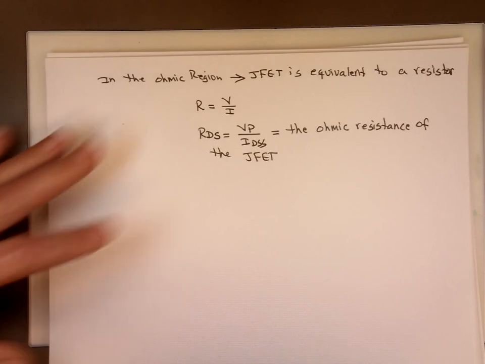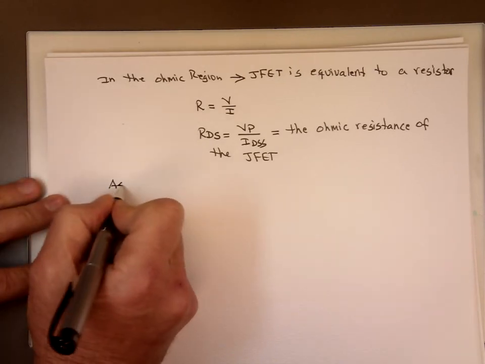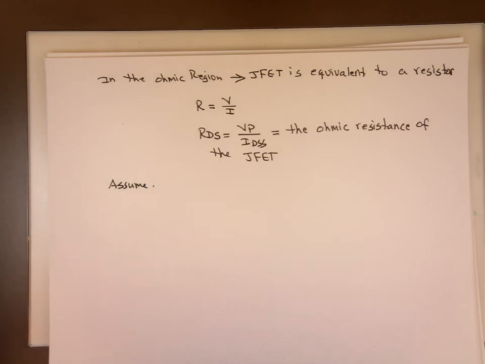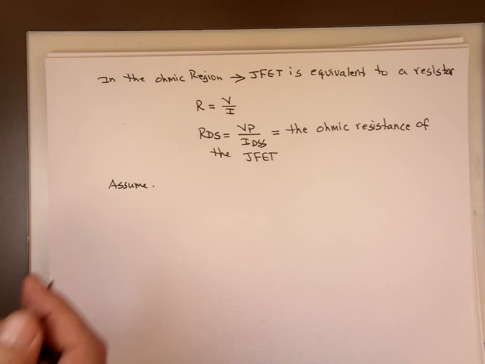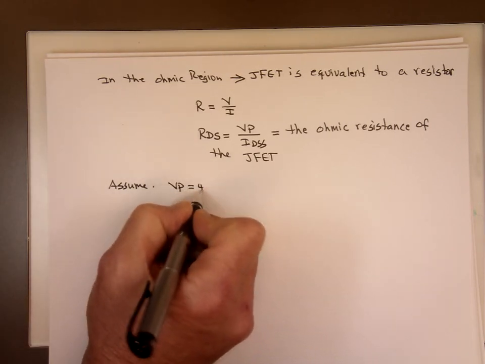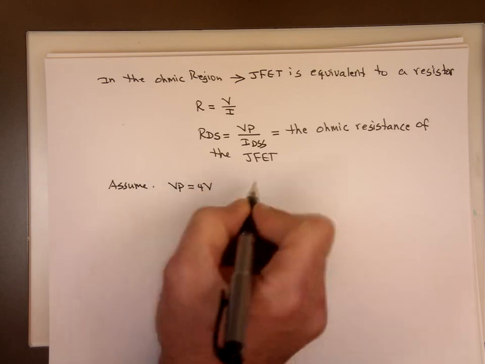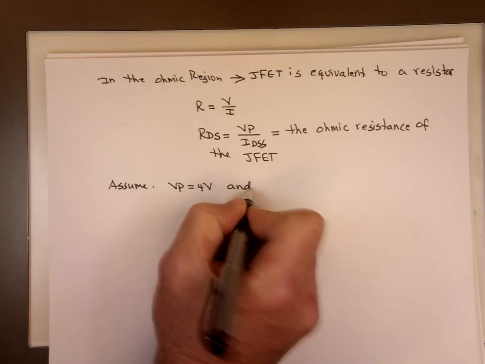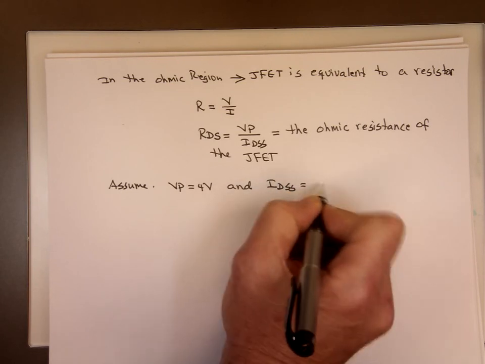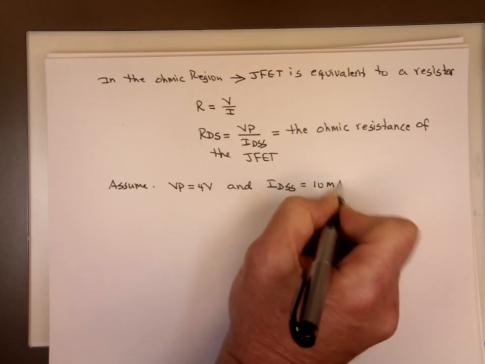Let's assume that I was looking at the schematic for a JFET, and I noticed on the data sheet it says VP equals 4 volts and IDSS equals 10 milliamp. On the data sheet, these will be listed.